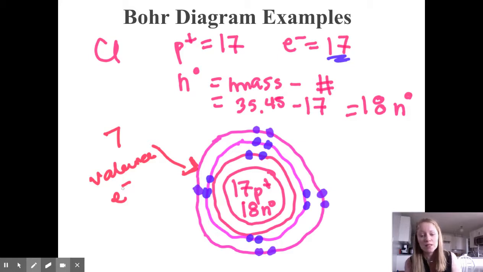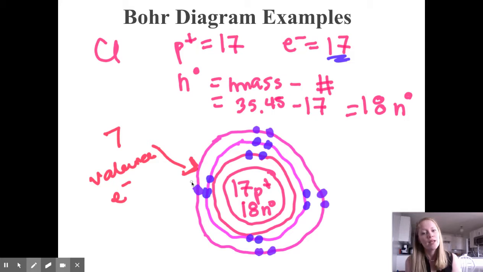The reason is that if you look at their last energy level, they have 7 valence electrons in them, and that is the case for all group 17 elements. They are only one short, this one right here. Because there's 7, there's only one electron that is not paired up, which means it really wants to have this electron right here, which means it's extremely reactive.